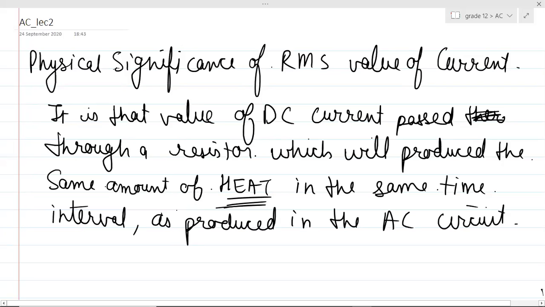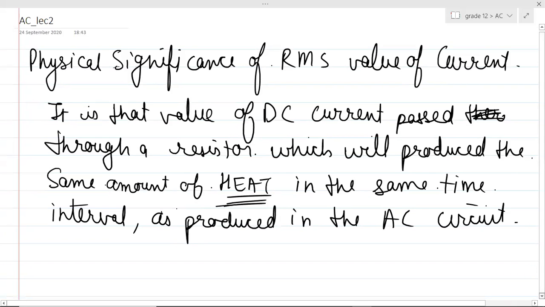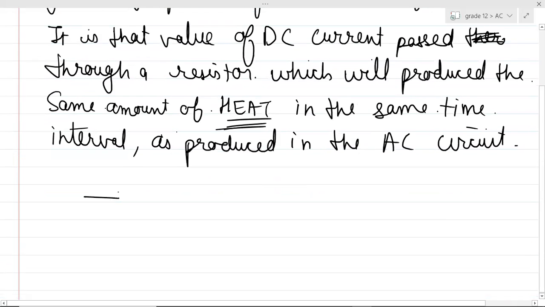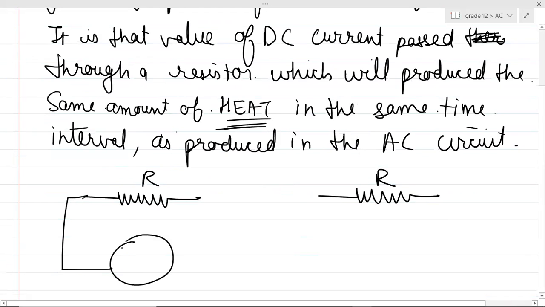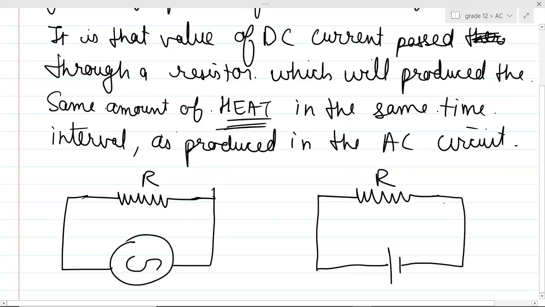So suppose I have a resistor of R, the same resistor R is there, and let's say I have connected this to an alternating source, and in this case I have connected it to a direct current source, right?